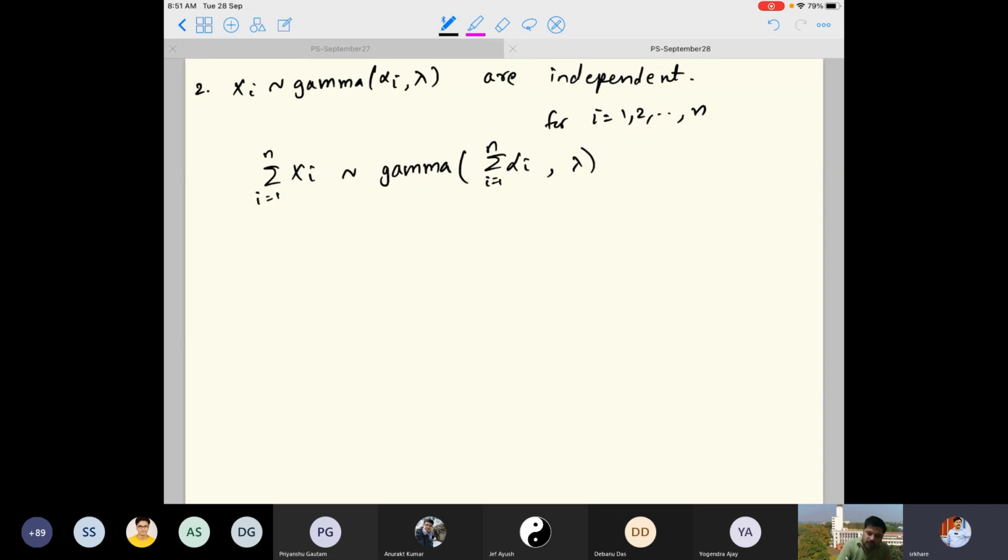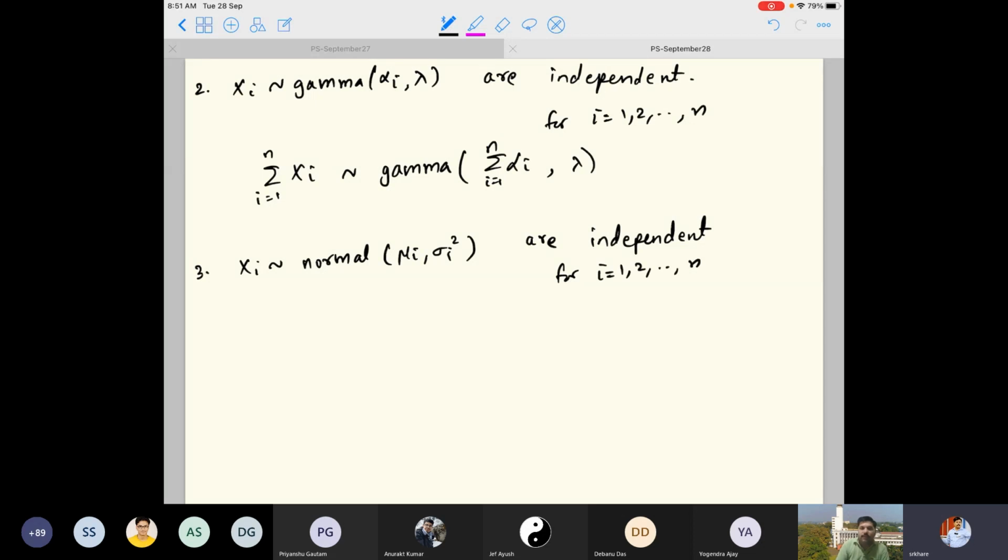And what is the third thing? The third thing that we saw is that Xi follow normal density with mu i and sigma i square, and they are independent random variables for i equal to 1 up to n.